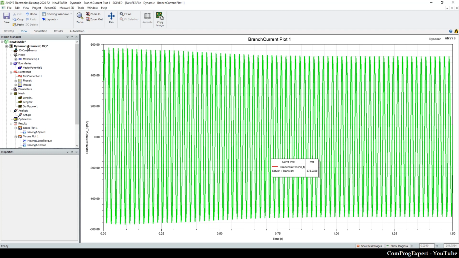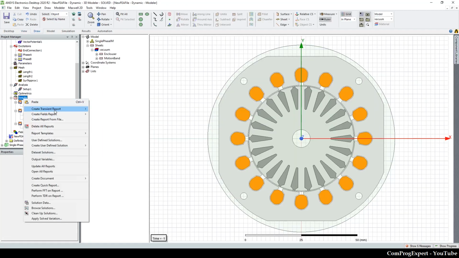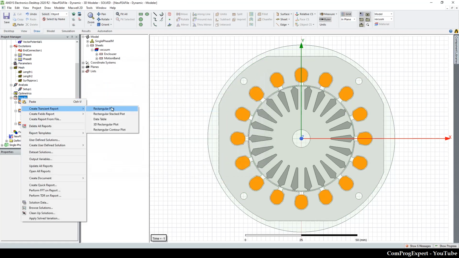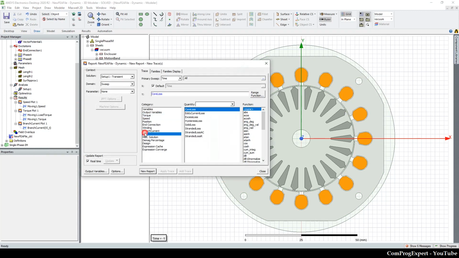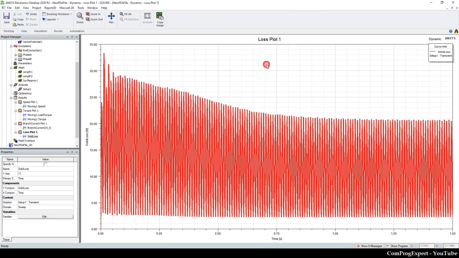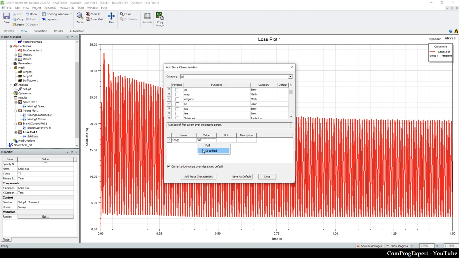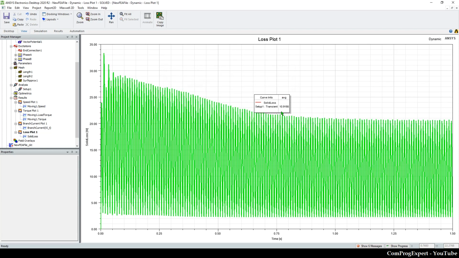So also here you can plot the rotor cage loss, solid loss. This is the rotor cage loss, and calculate the average value for the last electric period, 20 milliseconds, and that is equal to 10 watts, right?